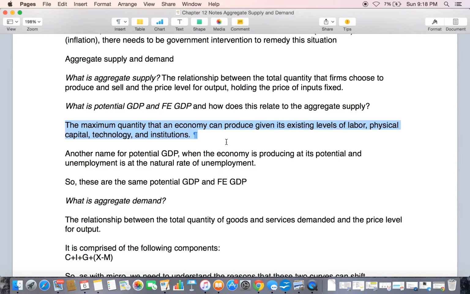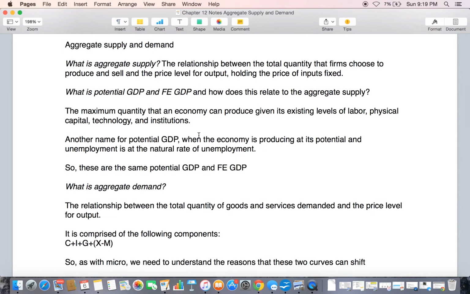This would assume that we're using the right tool for the right job and that we're harnessing technology to its maximum, and that we don't have any laws or policy situations which are causing us not to produce at our maximal output. So given our existing land, labor, capital, and technology, how much can we produce? And we would call that our potential or full employment GDP.